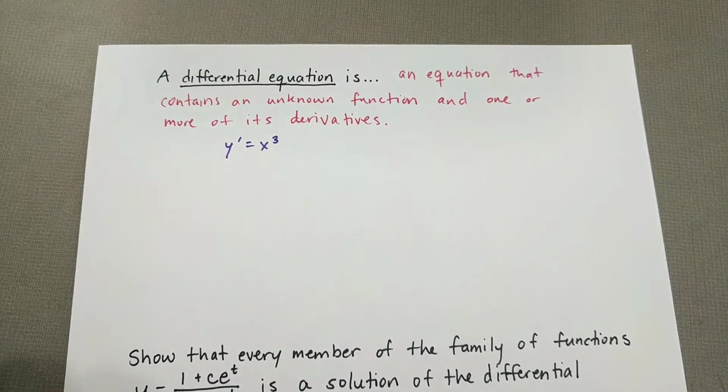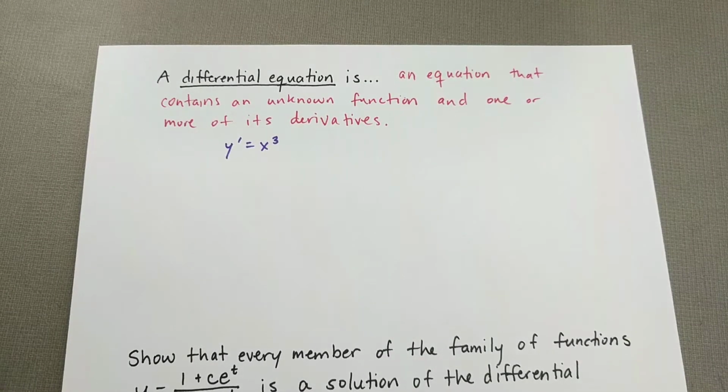That's a differential equation because it involves the derivative of y, with y being the unknown function. In this particular case, finding y, or at least the family of functions that is y, is not very difficult. We just take the antiderivative.